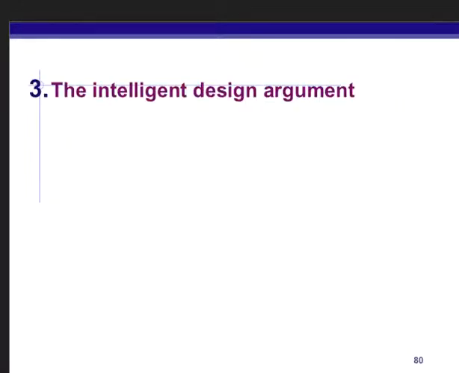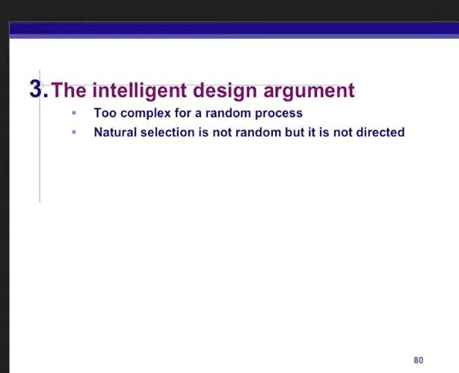Intelligent design proponents say one of the things is that it's too complex for a random process, that things don't evolve because how on earth can we go from a single-celled organism to these complex organisms? But natural selection's not a random process.